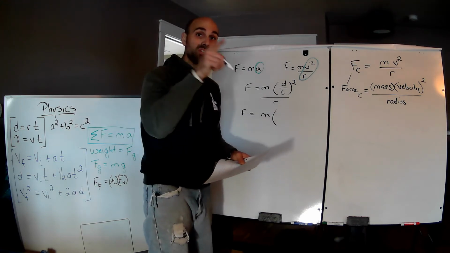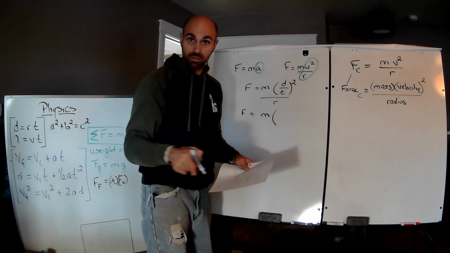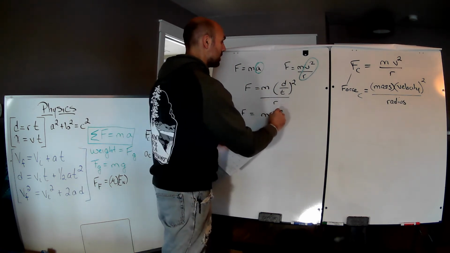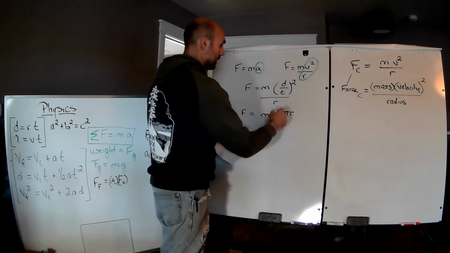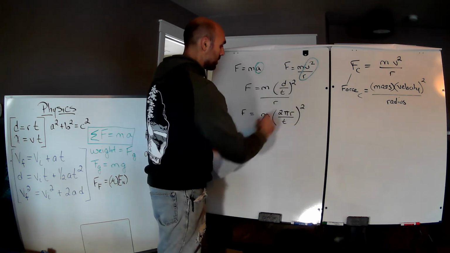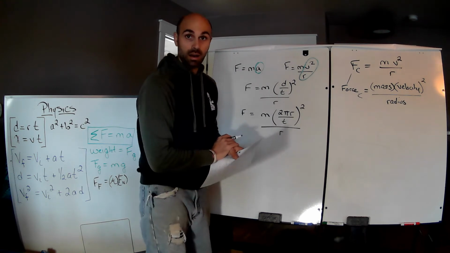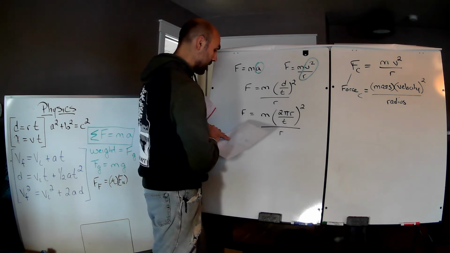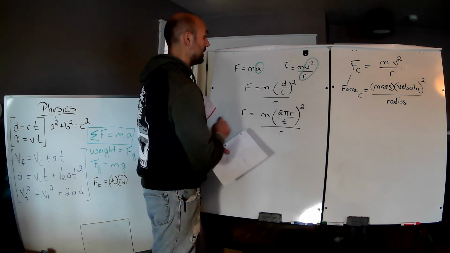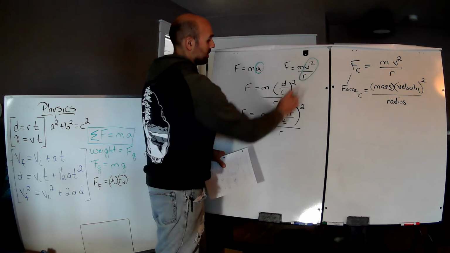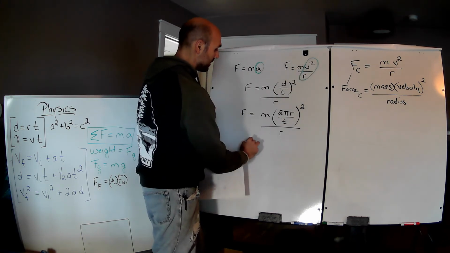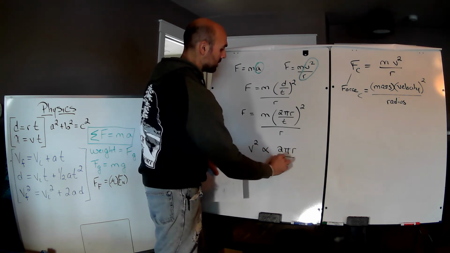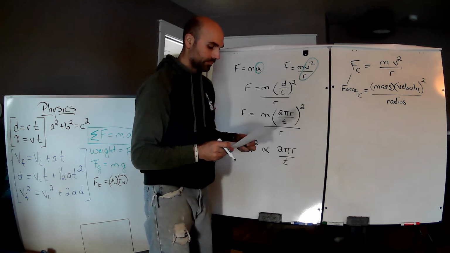From here, force equals m. Now, moving in a circle, we need to cover the circumference. So the displacement, the distance that we cover, is actually the circumference, 2 pi r, and then we're going to throw in our t, throw our square back in, and throw our radius back in. And from here, we can now say that the velocity squared is proportional to (2 pi r over t) squared.